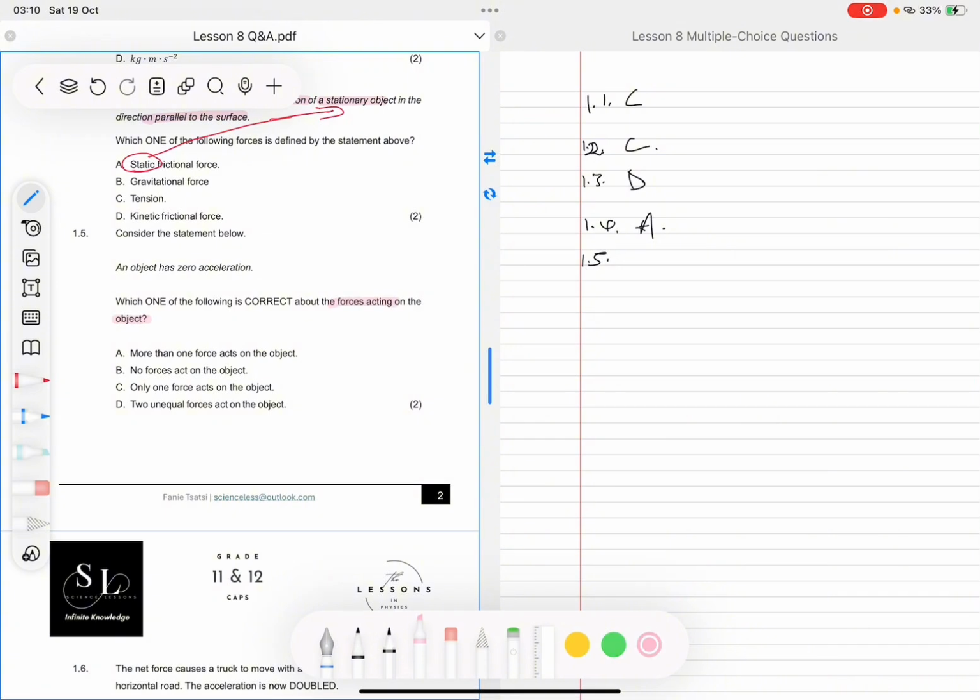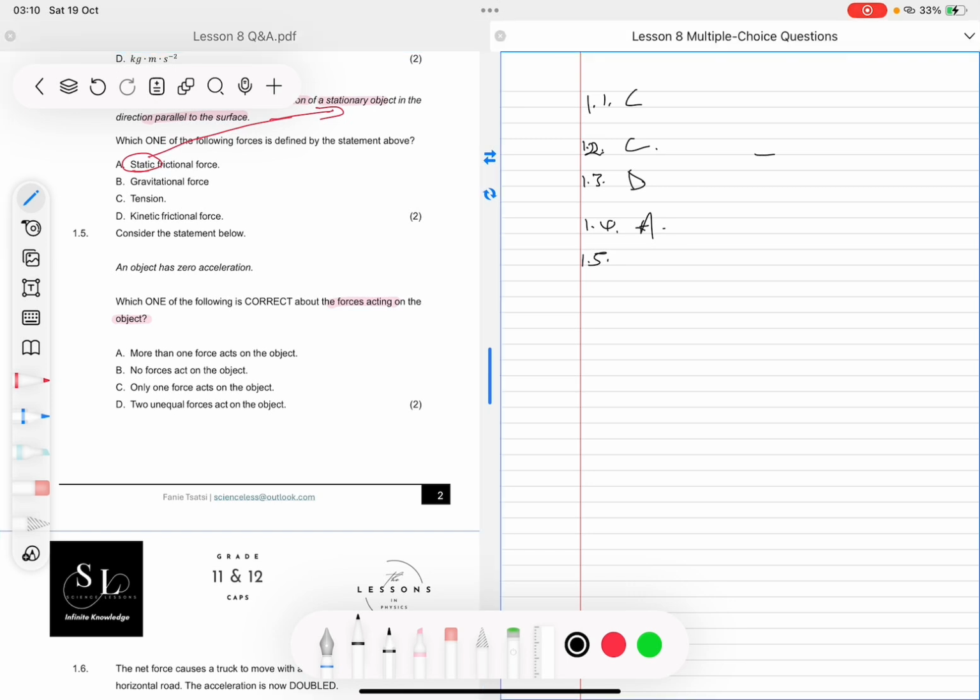If you look at the options here, they say more than one force acts on the object. If we have an object sitting like this, and there is this force F here, and maybe this frictional force here.